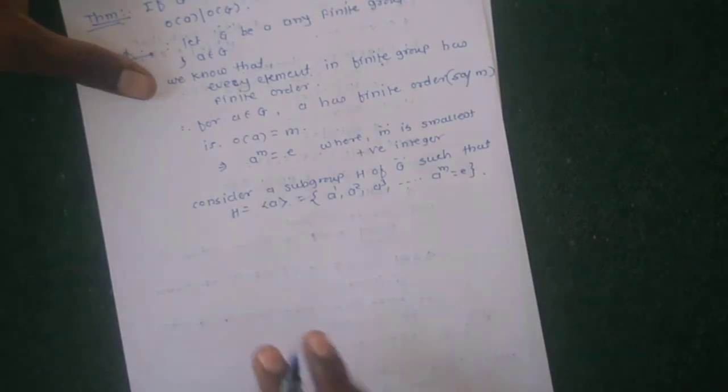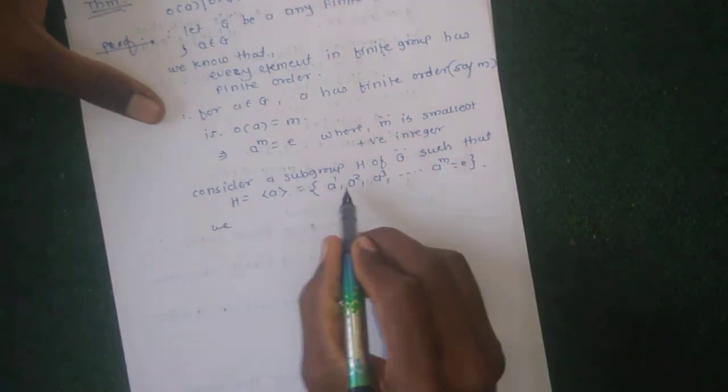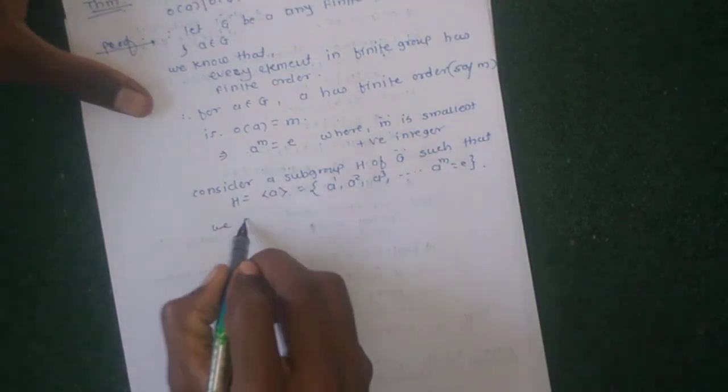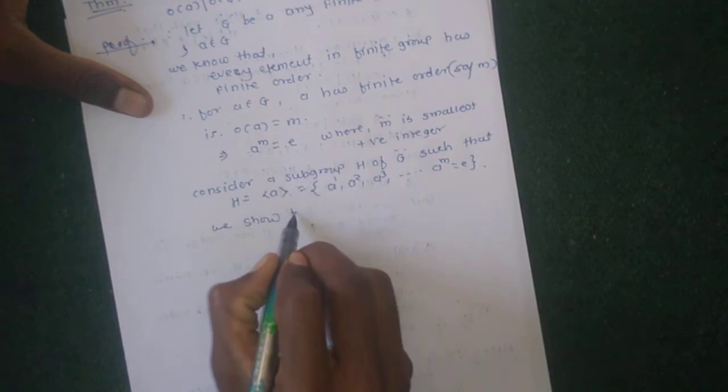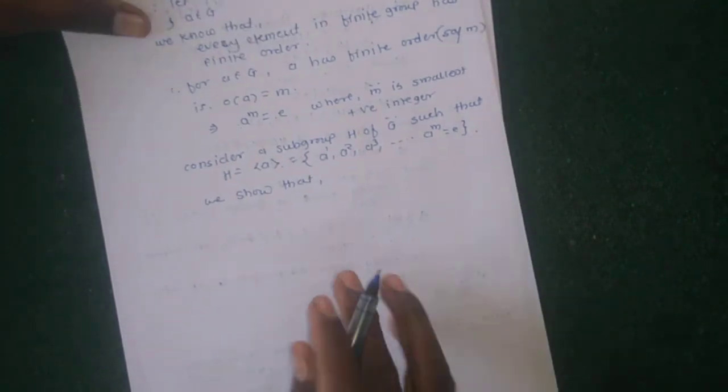Here we want to show that all these elements are distinct. We show that H has m distinct elements.